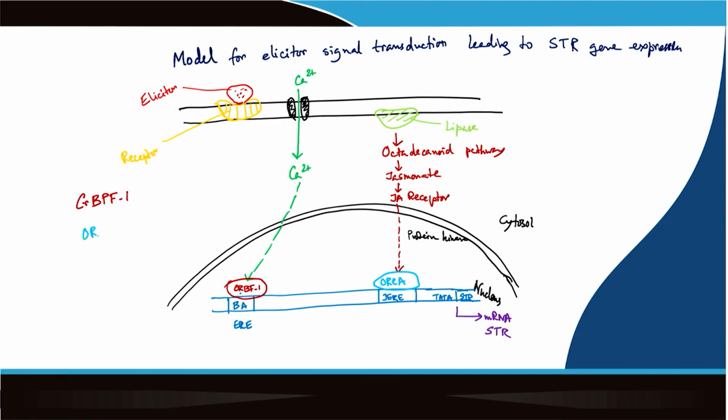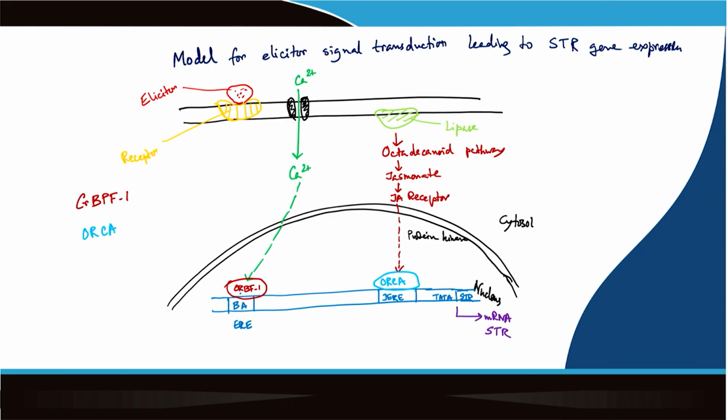So, this is one, and the ORCA, this is octadecanoid responsive Catharanthus AP2 domain protein. So, this again I will mention in the next class as well. So, there are two ways. One is via calcium channel, it activates one transcription factor which binds in the elicited response element, and the other one by the activation of the jasmonate pathway, which activates the jasmonate receptor, and then protein kinase plays a role, and that activates a specific transcription factor which is called ORCA, octadecanoid responsive Catharanthus AP2 protein.